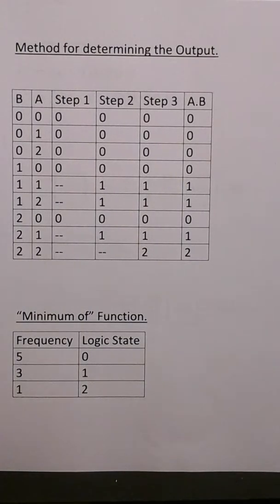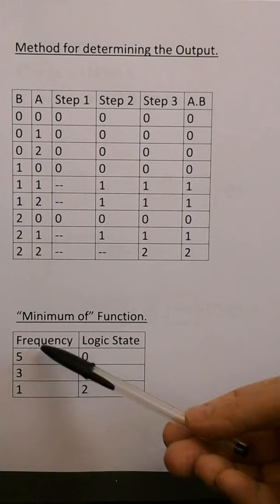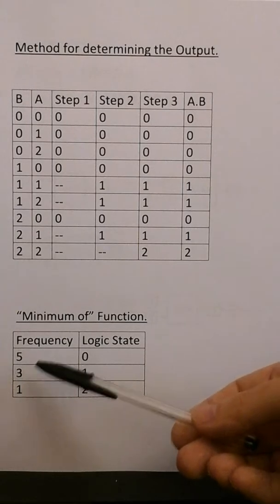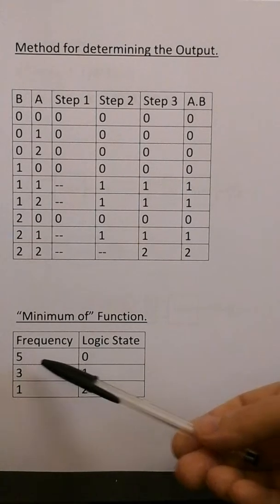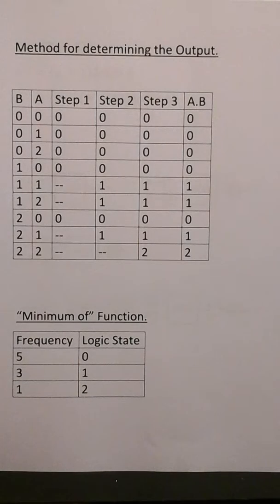So we're going to talk about a method for determining the output of a binary operator. So this is the ternary minimum function. This is the frequency and logic state shown in the table previously. So the minimum function has 5 zeros, 3 1s and 1 2.